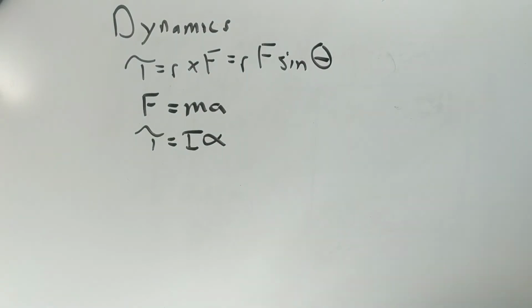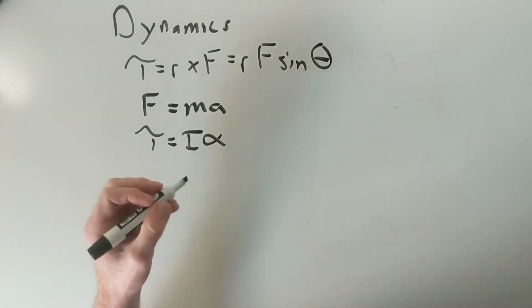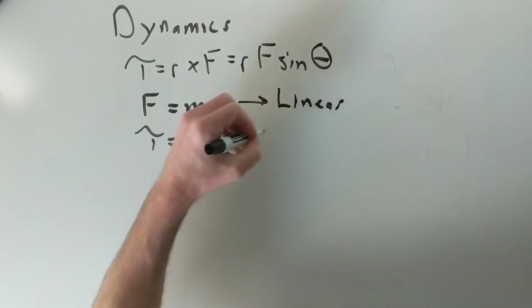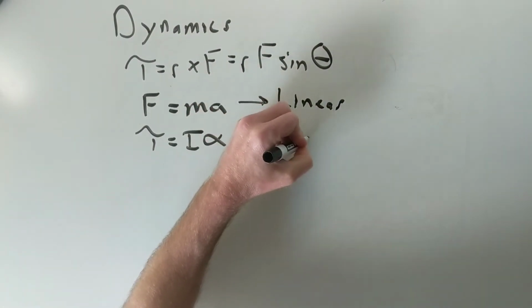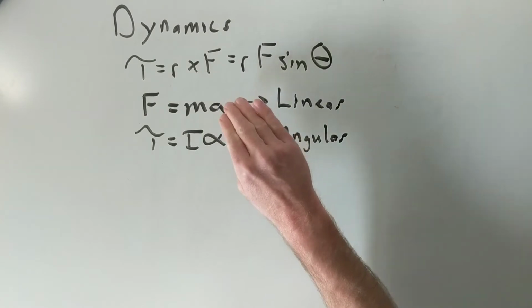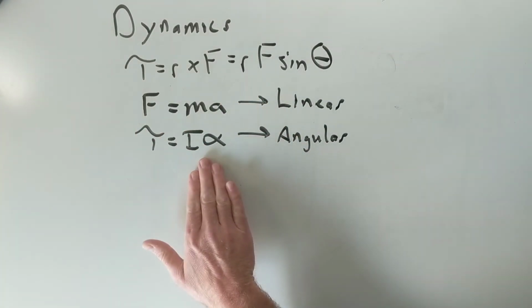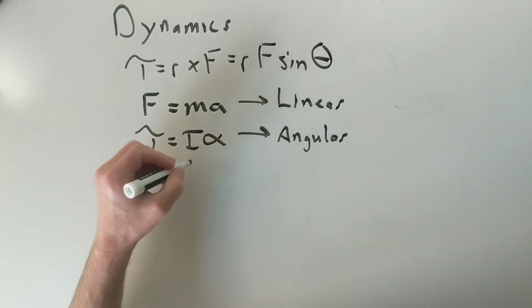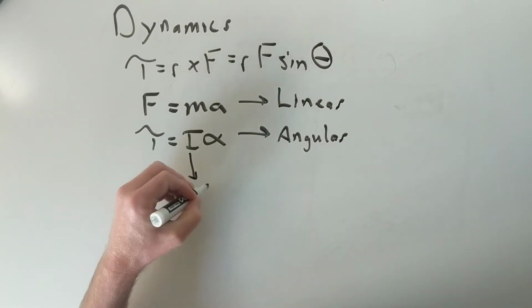Now keep in mind, you are oftentimes going to have to set up a linear side and an angular side to solve problems. Very often if something is going to move and rotate, you'll have to do this. For instance, a ball rolling down a ramp would be a good example if you're trying to find the acceleration. Now this piece right here, this is the moment of inertia.